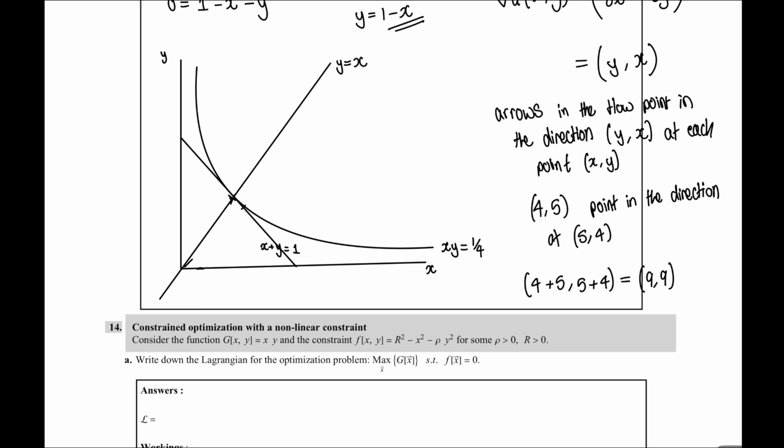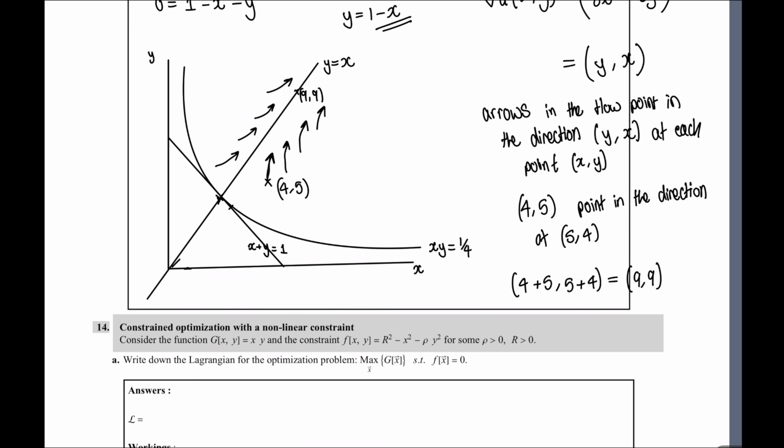So we have an arrow at 4, 5, which points in the direction of 5, 4, which ends up being 9, 9. So if I draw this point as 4, 5, just completely randomly, and then this point as 9, 9, this arrow would move something like that. And that's the case with all of these arrows. So we have a gradient flow which looks something like this.